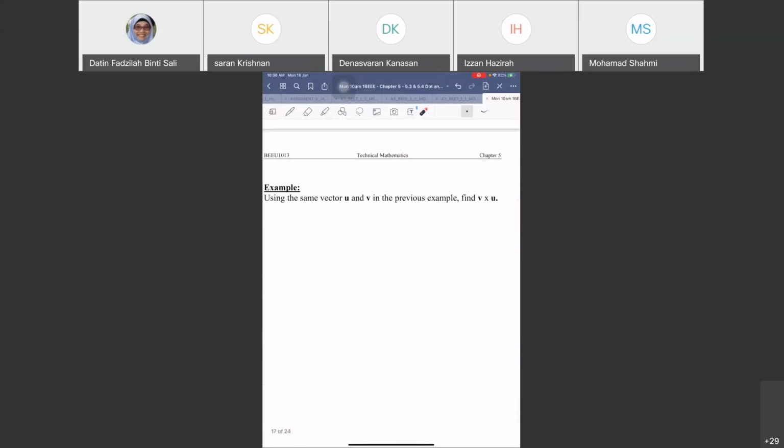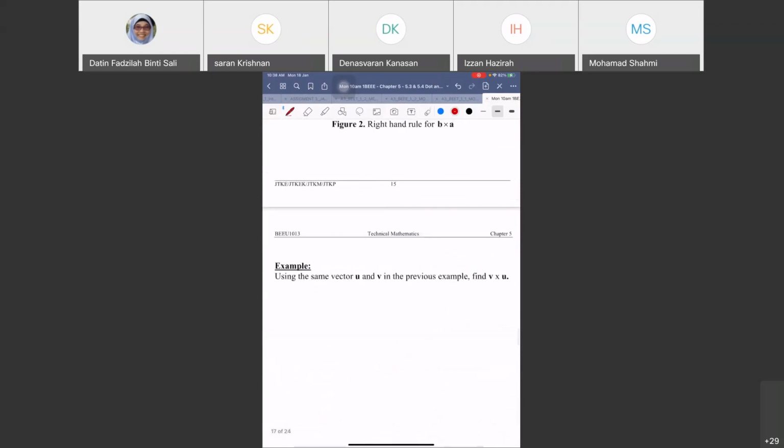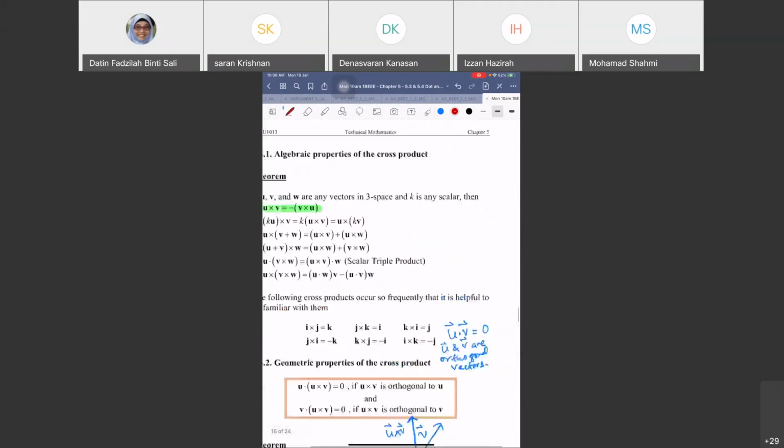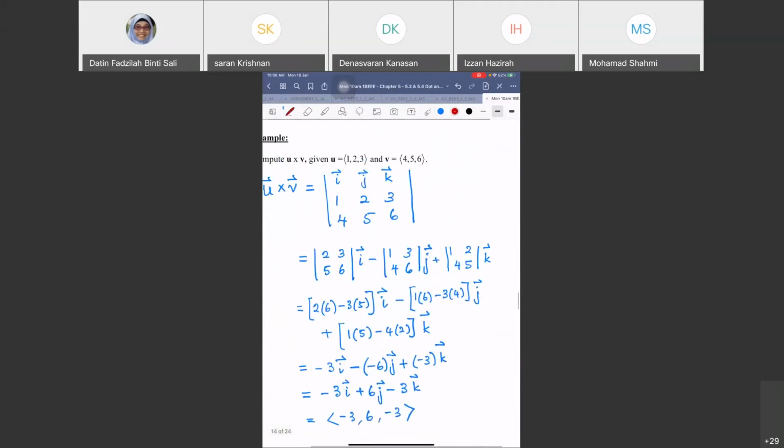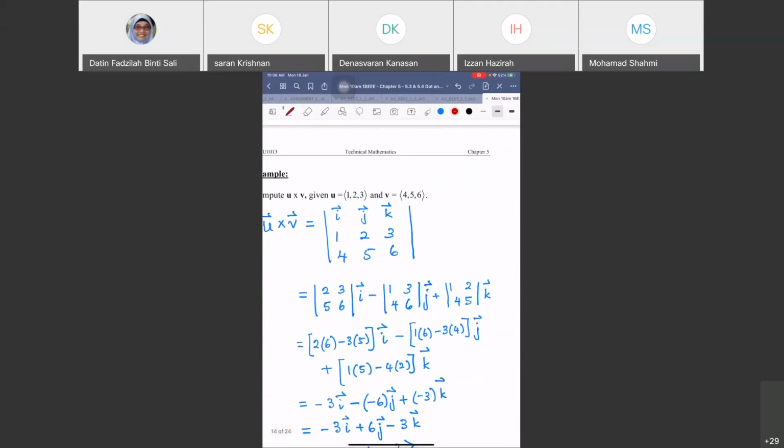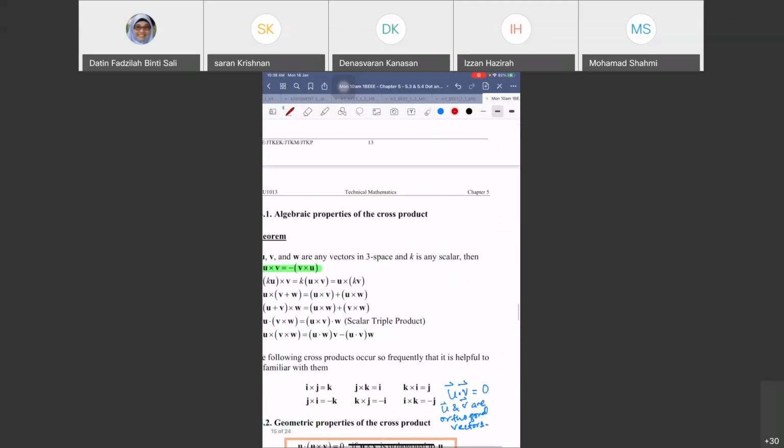So we have this example: using the same vectors u and v from the previous example, find v cross u. In the previous example, u is 1, 2, 3 and v is 4, 5, 6.